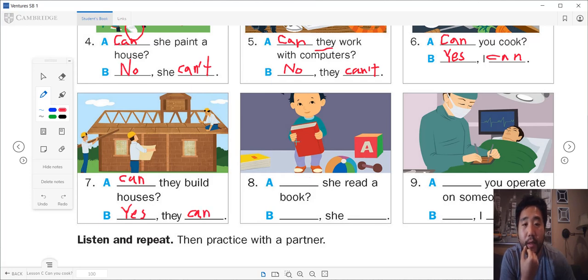Number 8, picture, we see a baby or toddler holding a book. And there I see toys on the ground. And number 8, blank, she read a book. So it's a baby girl or toddler who's female. Blank, she blank. So can she read a book?